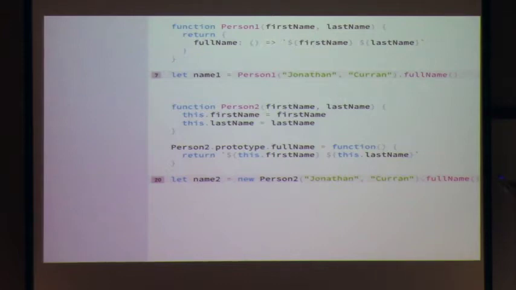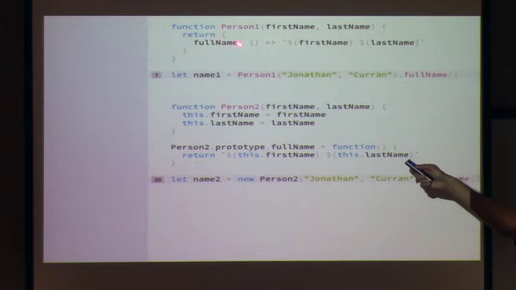Okay, this function up here, pass it 2 parameters, and it'll return you an object, a little hash, which has fullName, which is a function, which returns first name concatenated with the last name. So what it returns over here is an object. The object has a function inside of it. This is what the function person1 returns. If we want the name, we call this function with 2 parameters. We say .fullName, and then name1 is Jonathan Curran.